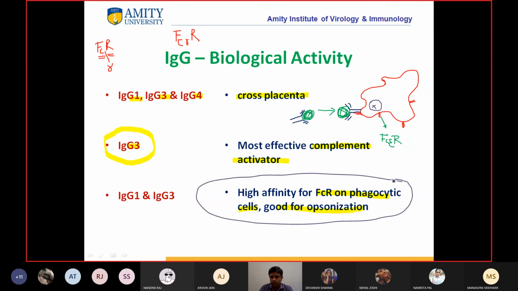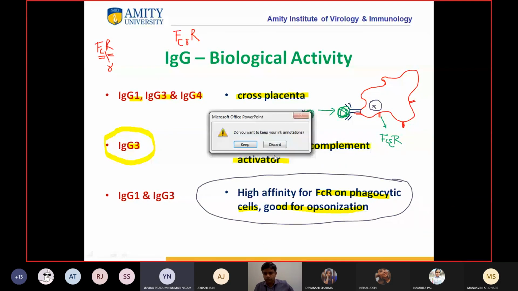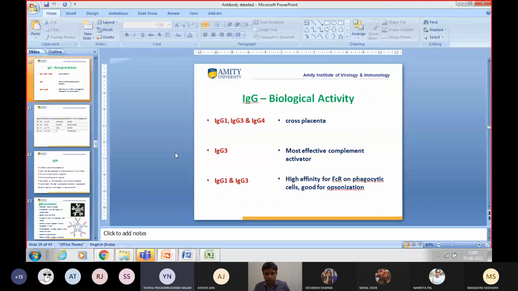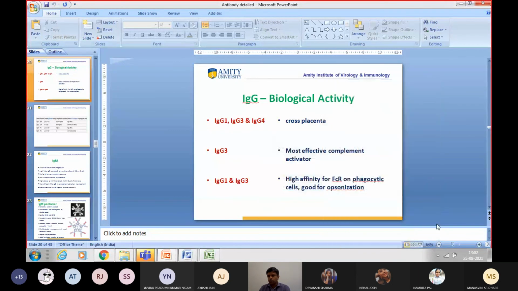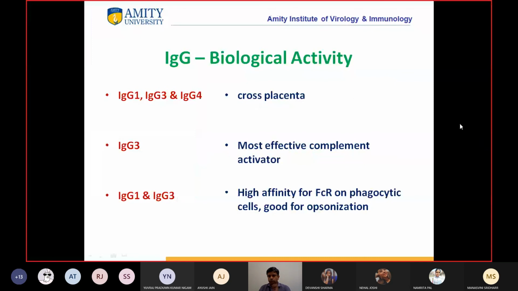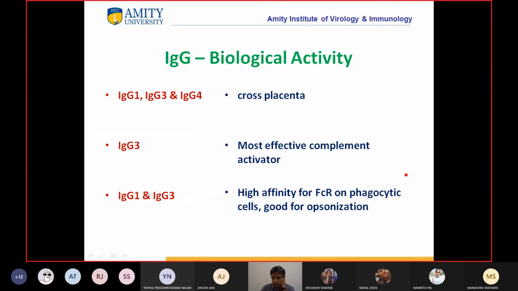Sir, can you please repeat? So what is the point that is not clear? Sir, the FCR thing. Okay, so FC means the FC region, right?